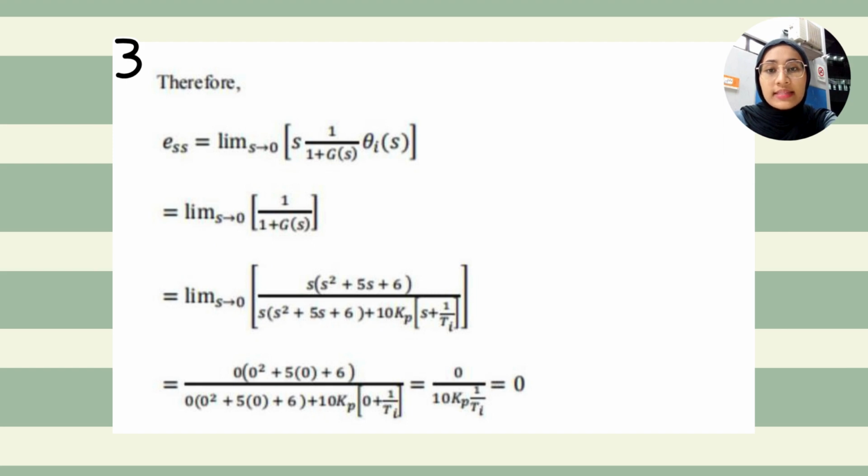Therefore, ess equals limit s to 0 of s times 1 over 1 plus G(s) times R(s). And we solve the equation and finally we will get 0 over 10 Kp over Ti. And final answer, we will get 0.